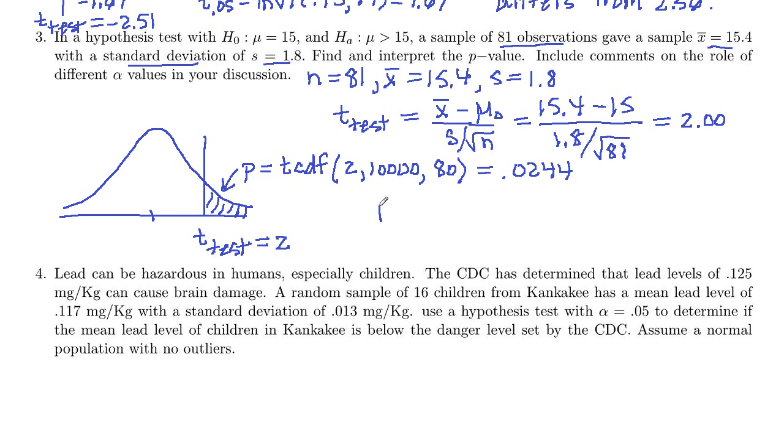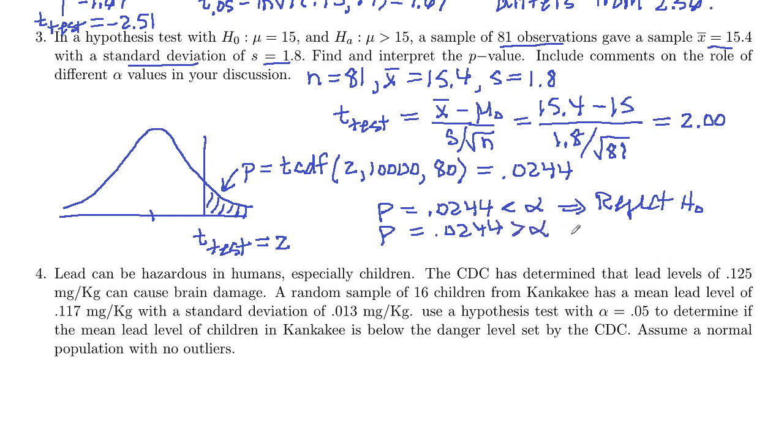So here, if our p, which is equal to 0.0244, if that's less than alpha, then that tells us that we will reject the null hypothesis. And if our p here, which is 0.0244, is greater than alpha, then we don't reject.